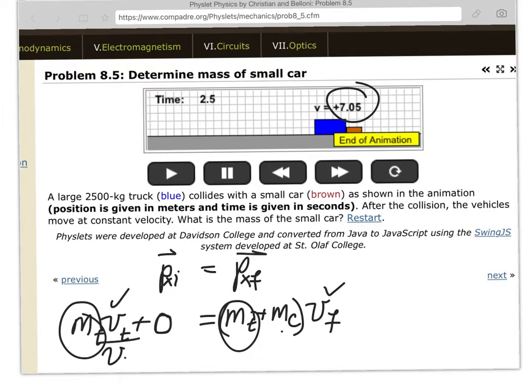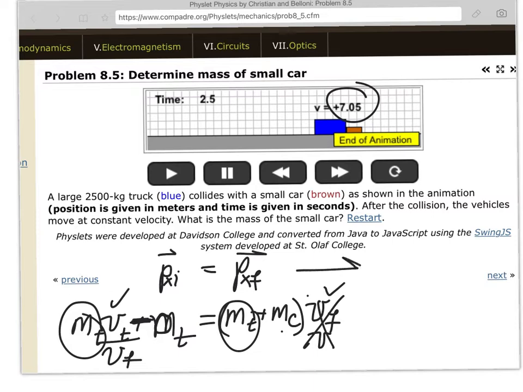Divide by V final. And then subtract the mass of the truck from both sides. Algebra, right? And then you see what you're getting.